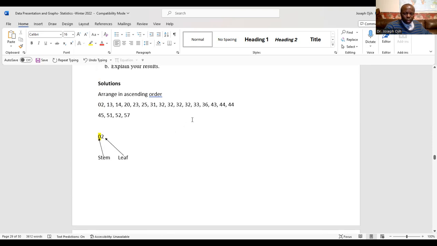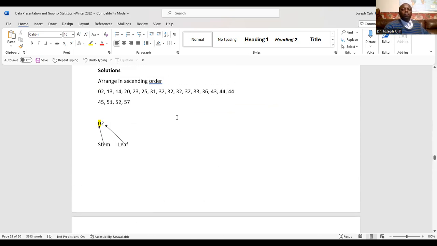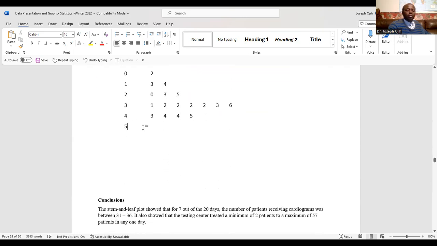Next is 45. Then the last ones are 51, 52, 57. So 51, 52, 57.